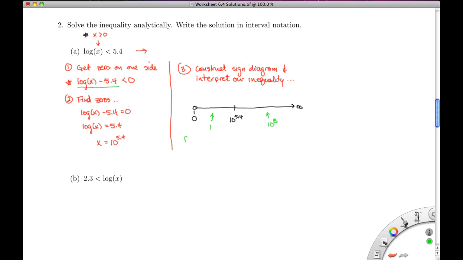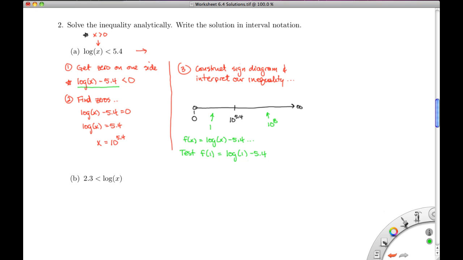So if f of x is equal to log of x minus 5.4, for testing point purposes, we'll test f of 1, and that would give us the log of 1 minus 5.4.